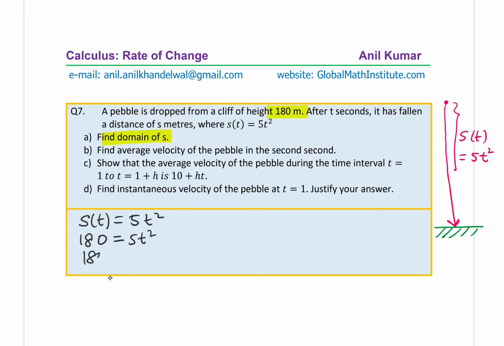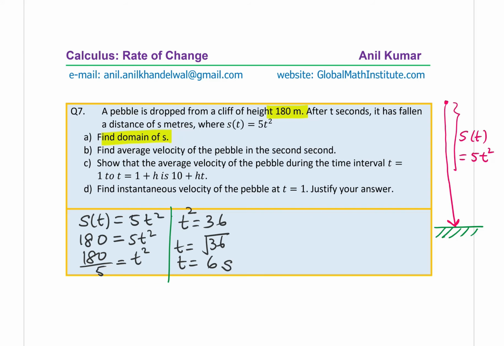So we get 180 divided by 5 equals t squared, correct? Now, bringing it to the right side, we can find what t is. So t will be the square root of this, but let me simplify this. 5 goes 36 times, so that is t squared. t will be the square root of 36, which is t equals 6 seconds.